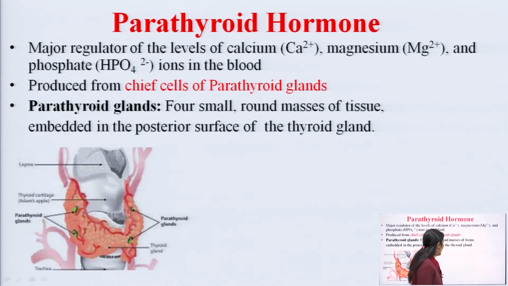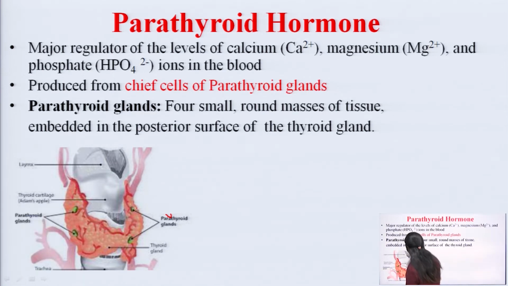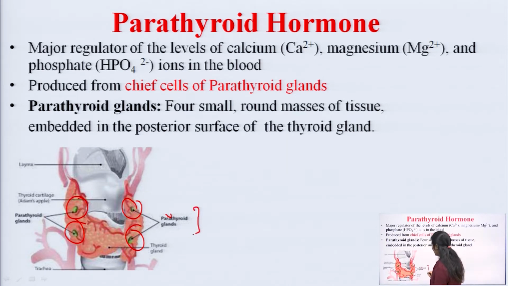So, this is the thyroid gland, this is the posterior side of the thyroid gland, and these 4 small round masses are the parathyroid glands, which are present on the posterior surface of the thyroid gland.